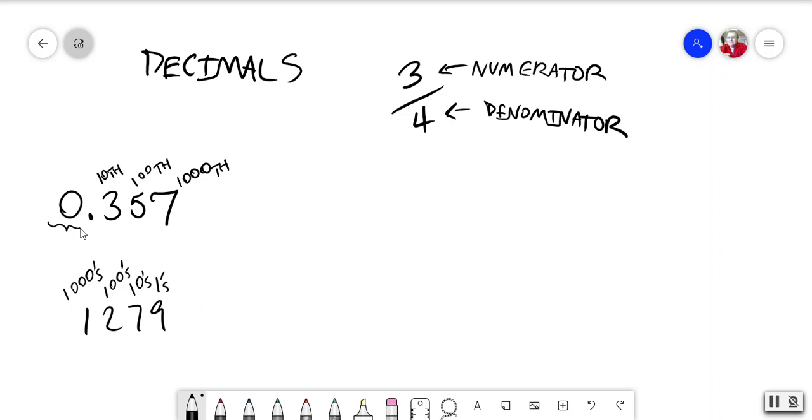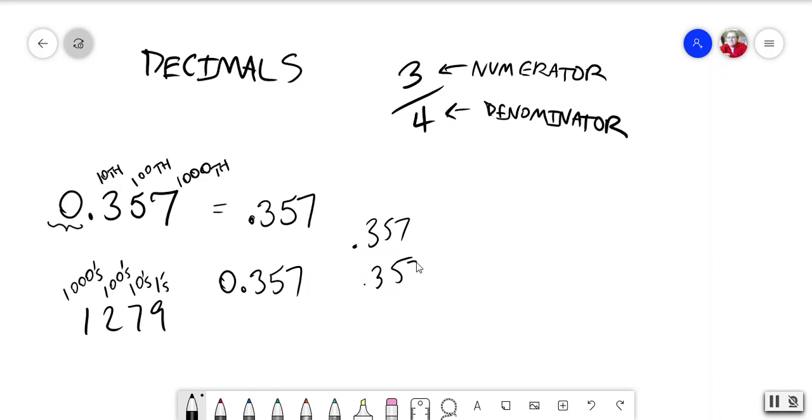The zero here is not technically necessary. So this here and that are the same. But I like it better if you do that, and I'll tell you why. Some kids, even some adults, make the decimal sometimes so small you almost can't see it.